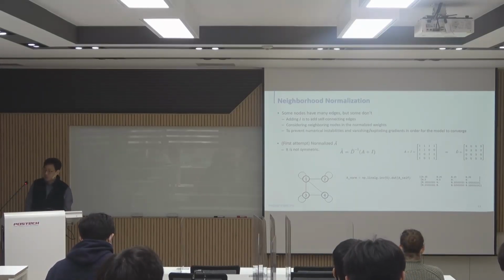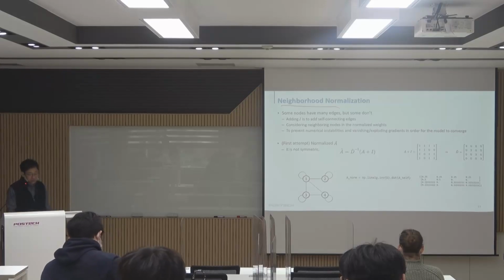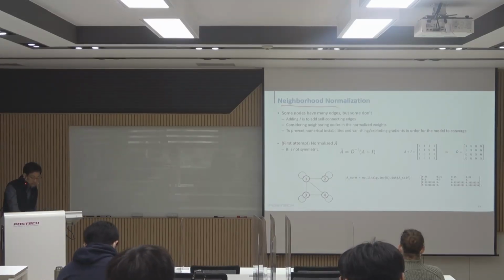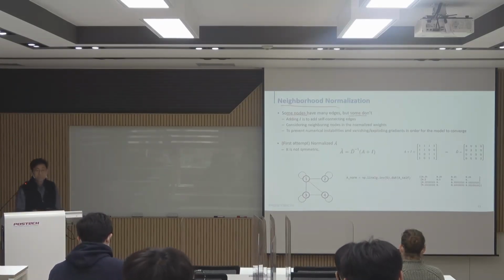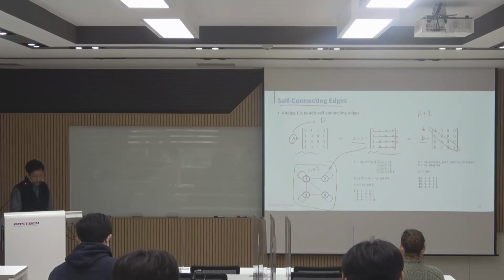Another definition, or property, is neighborhood normalization. Some nodes have many edges, but some don't. For example here, some have 4 of them and some have only 2. You can think of this as connections between people, where someone has 4 friends and someone else has 2 friends.